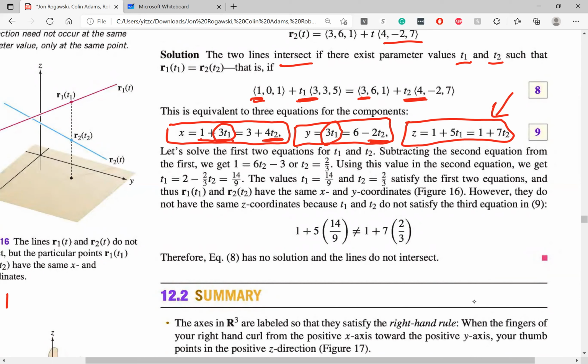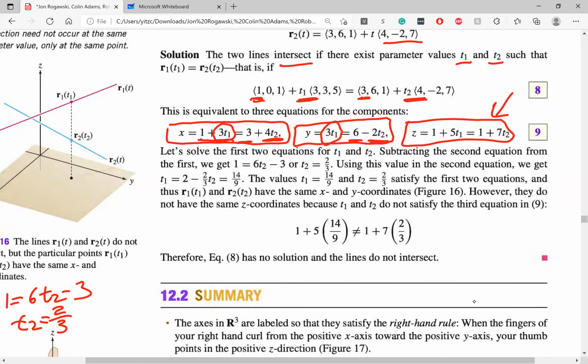So 1 is equal to 6T2, and then this 3 subtracts from that 6, minus 3. So now you can solve for your T2. You move the 3 to the other side, you get 4, you divide by 6. So T2 is going to be equal to 2 over 3, or 4 over 6. So now we found our T2.